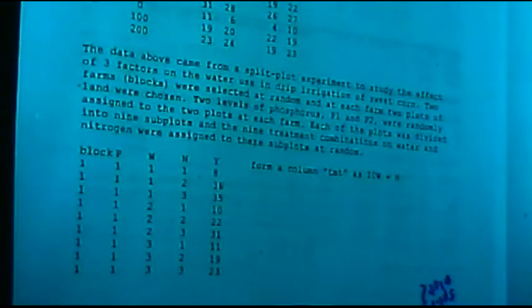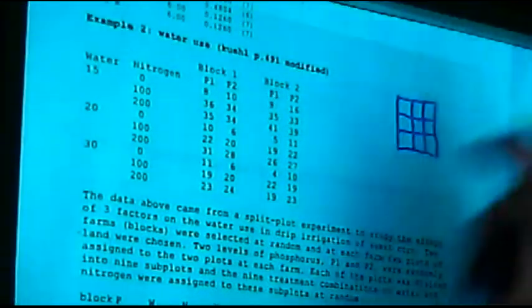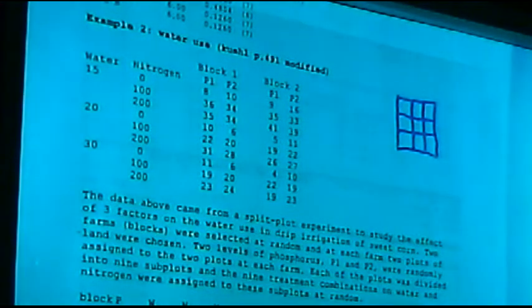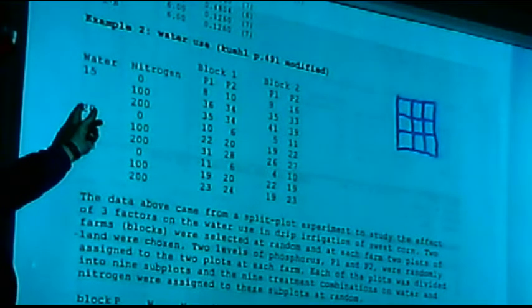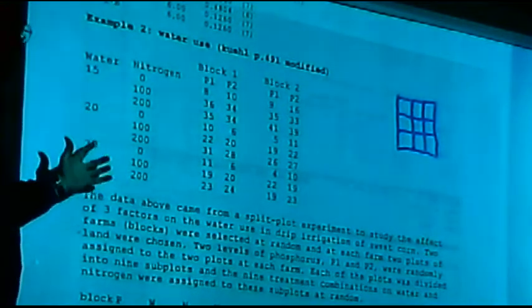So you have to visualize something like this on one of these plots of land. We've got to somehow divide it up into 9 subplots. And in those 9 subplots, we've got to assign these 2 factors here. And you should do it at random.